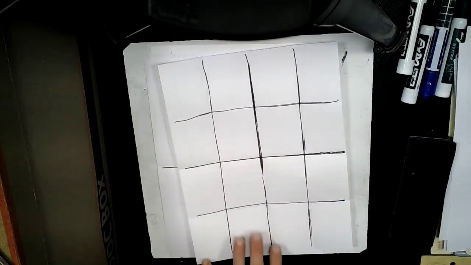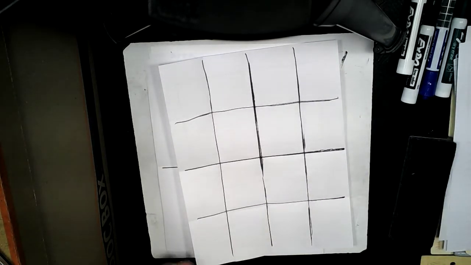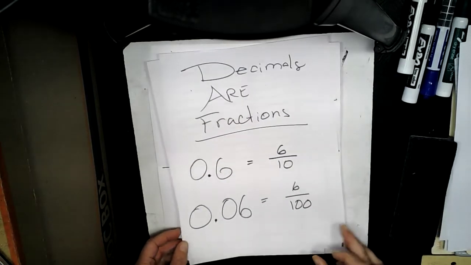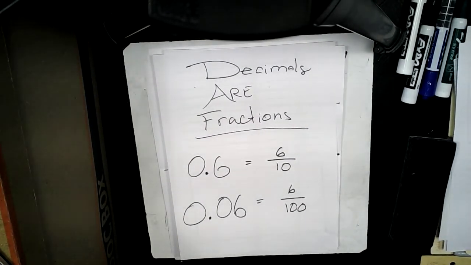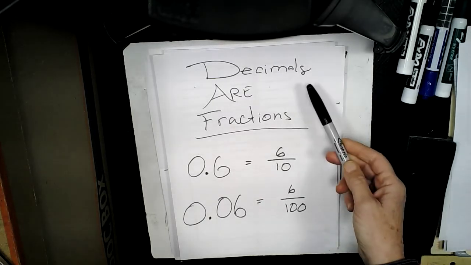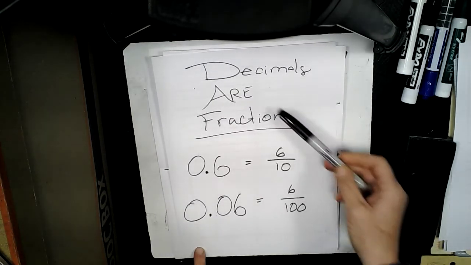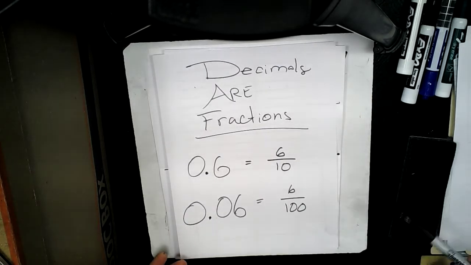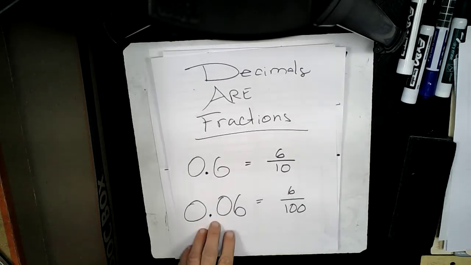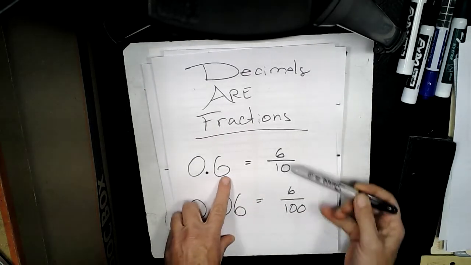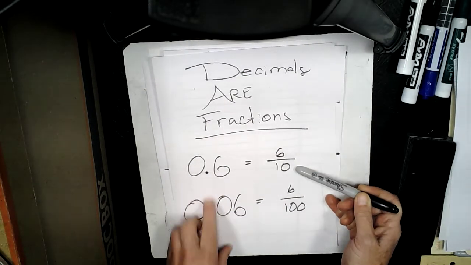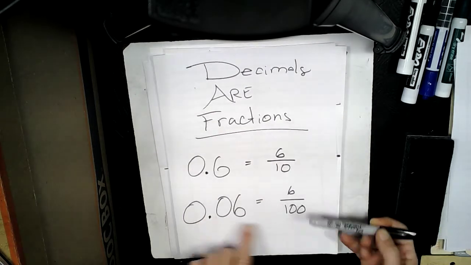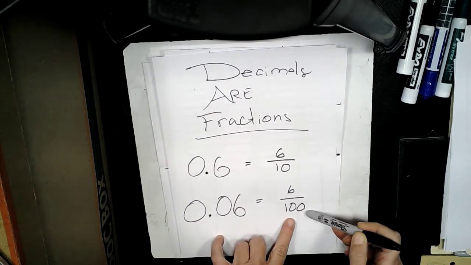And that essentially brings us back to our first question about why the tenths are larger than the hundredths. So now we just have to remember that decimals are actually fractions. They're fractions that fit within our base 10 place value system. So 6/10 represents 6/10. 6/100 represents 6/100.